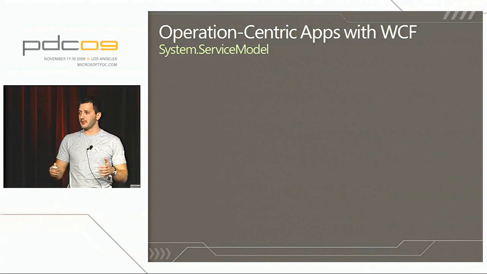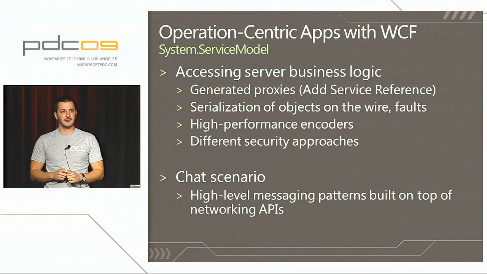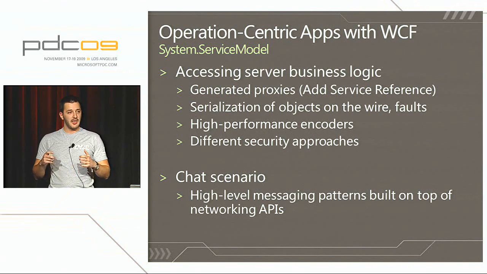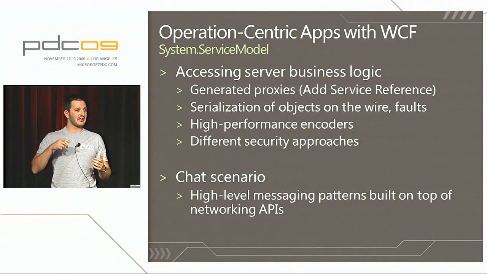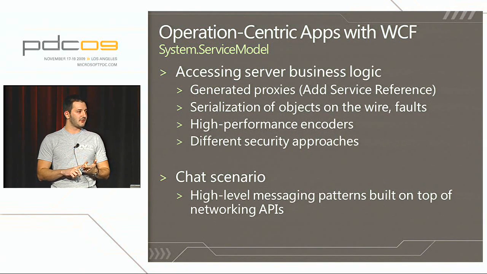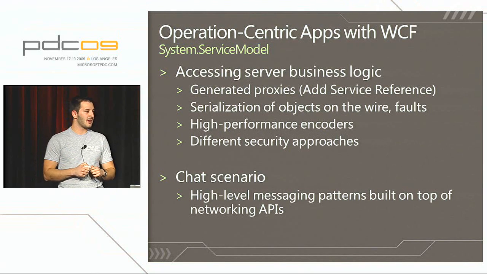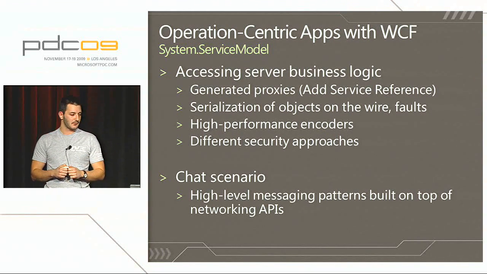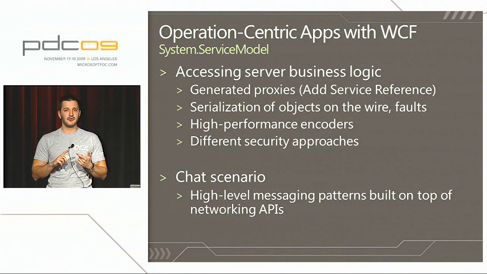I know you're all familiar, but let's just rehash again the value prop for WCF. It gives you generated proxies through that add service reference command. It provides you things like serialization, faults. These are all great object model features that make your life easy as a developer. We provide you high performance encoders.